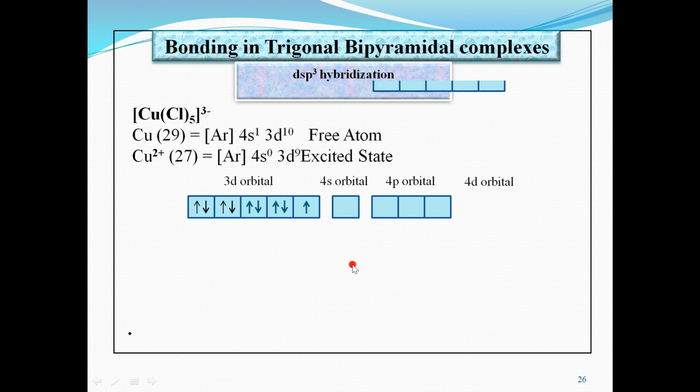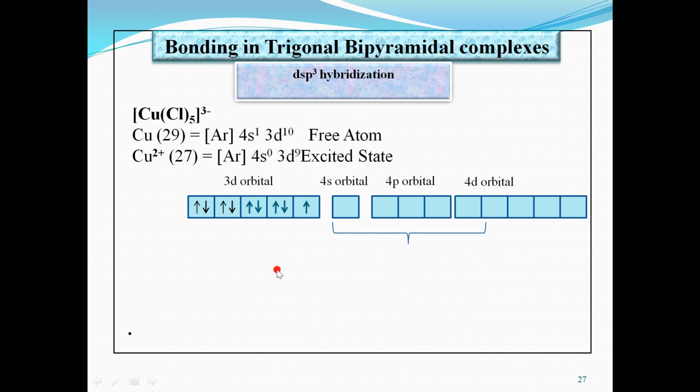Now here we take the 4d orbital because we require 5 vacant orbitals of copper for the filling of the electrons of the chloride ions. So we need the 4d orbital here, and we use the 4s, 4p and the next 4d orbital for the occupation of the electrons of the chloride ions.